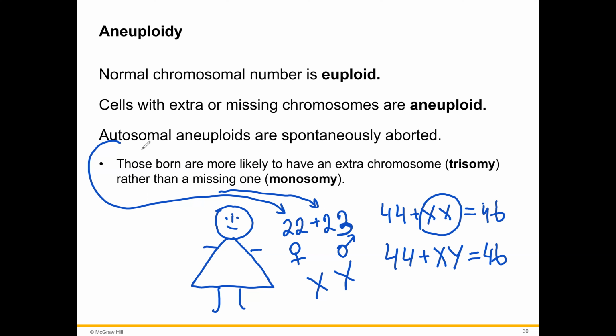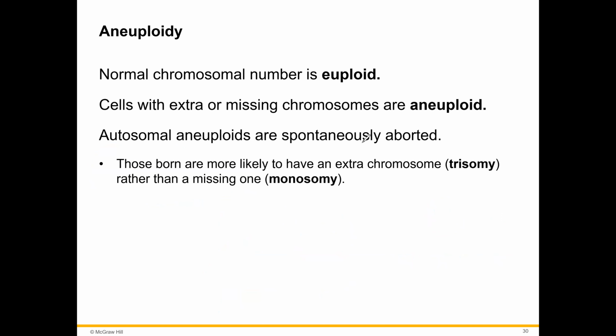We call it autosomal aneuploids because we have extra or we are missing these autosomal chromosomes. Then those fetus or embryo, they spontaneously aborted.